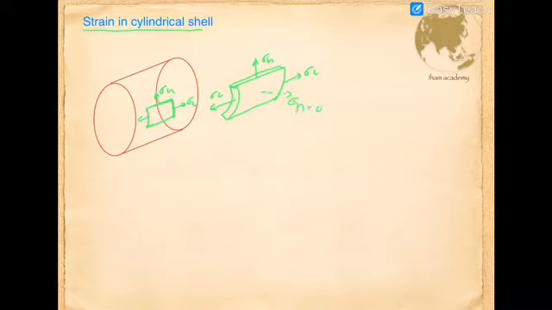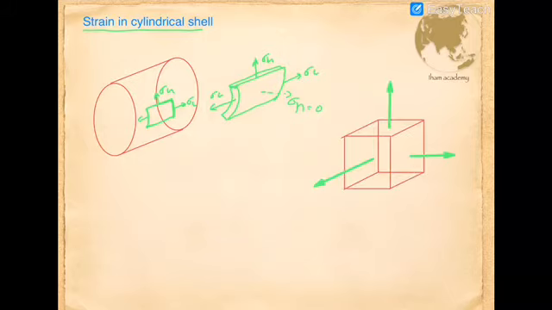We just neglect that value to 0. So if we draw a three-dimensional view for this element, this is the situation. The hoop stress will be like this, the longitudinal stress will be in this direction, and in this direction the radial stress will be there, that we neglect to 0.